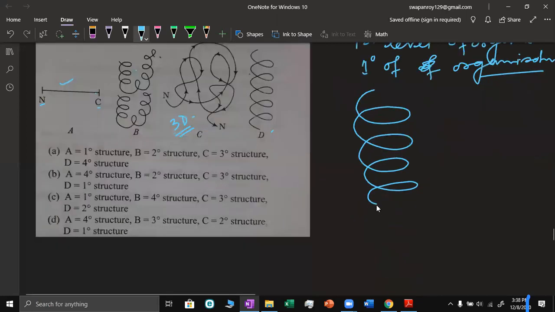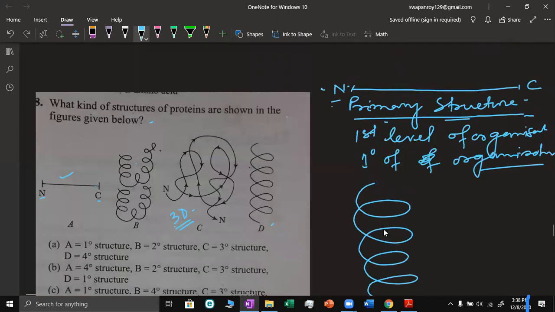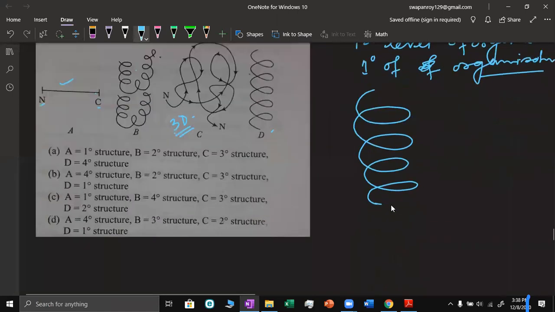During this, several types of bonds are formed. So naturally the length of the polypeptide is decreased, and this spiral is the second degree of organization.